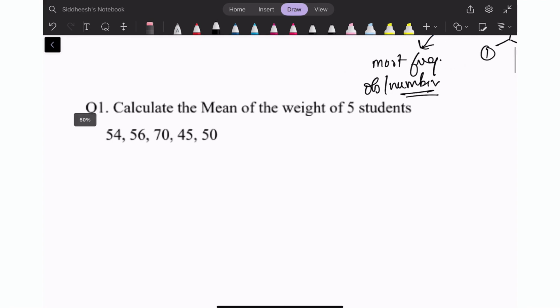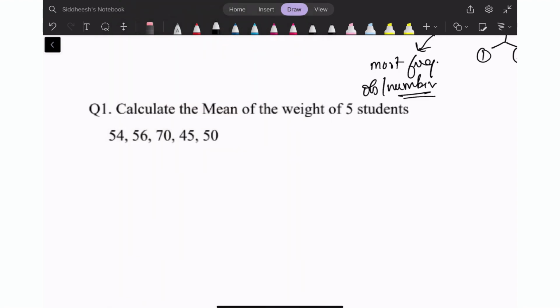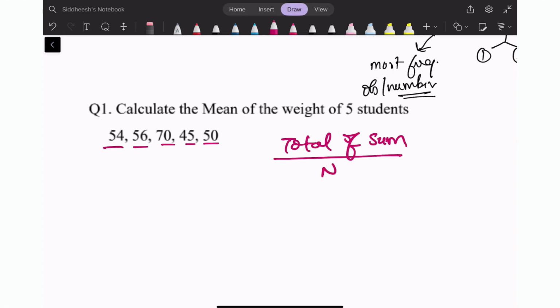Now a very simple question: find the mean for the 5 students. Here we have the weights of each individual. What is the simple formula for mean? Total of observations, the sum, upon the number of observations.